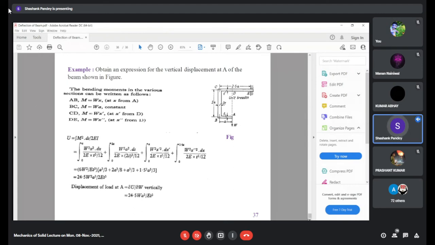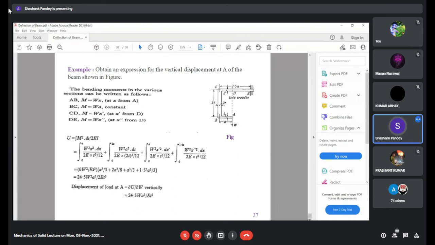So once you know the corresponding values of moment, we will use our expression for strain energy, that is the integral of M square ds upon 2EI. Here ds is nothing but the assumed distance from the load.